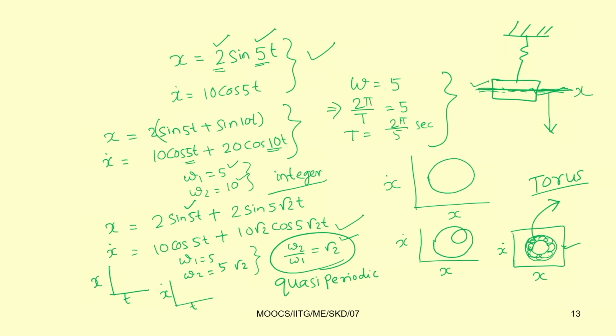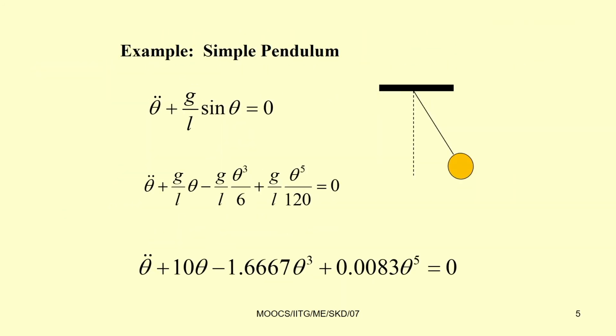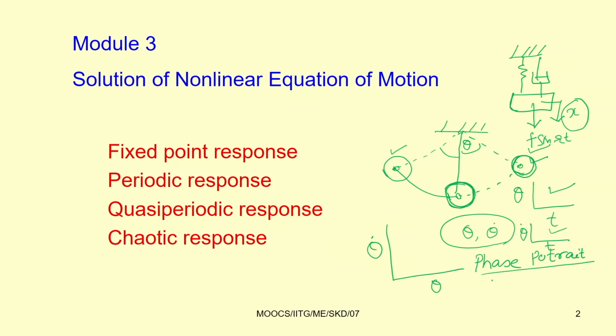Those equilibrium points can be a fixed point, or the response can be periodic, quasi periodic or chaotic. Different types of response we will study later. In the next 6 classes we are going to discuss the fixed point response, periodic response, quasi periodic response and chaotic response.